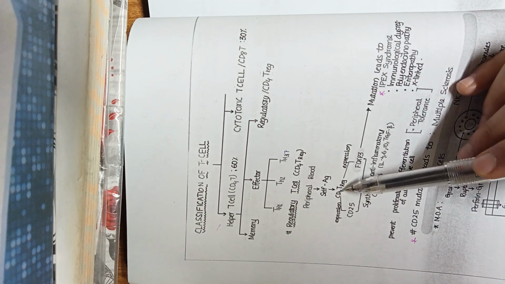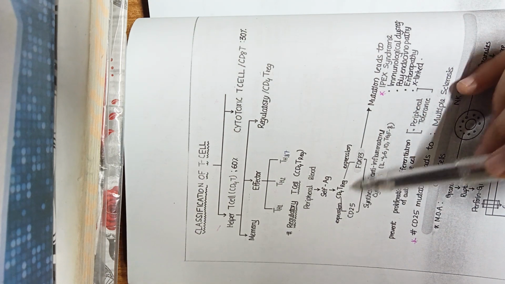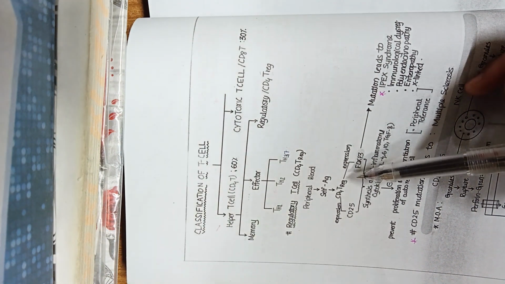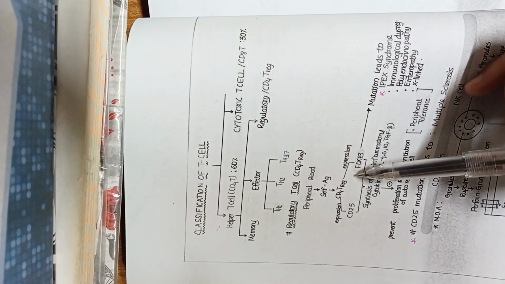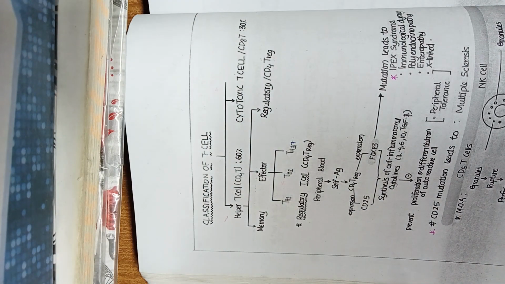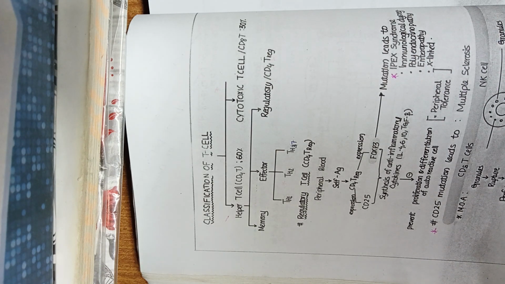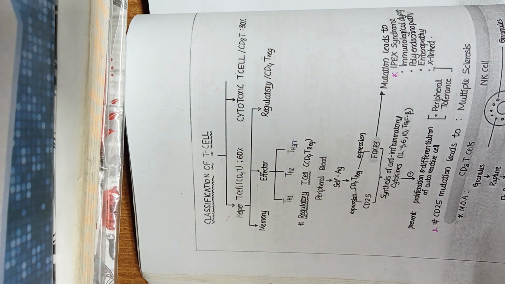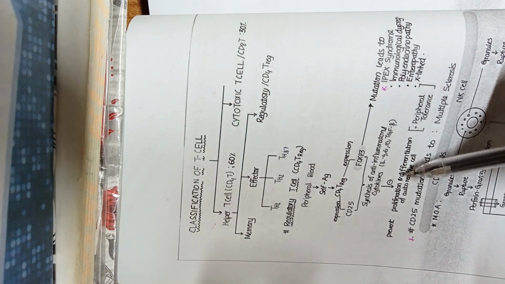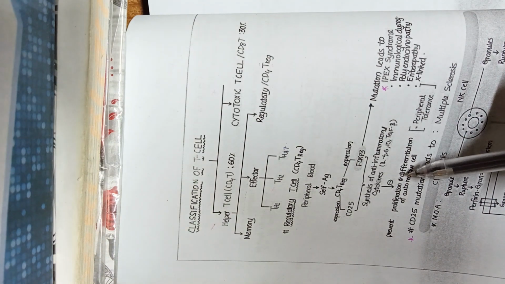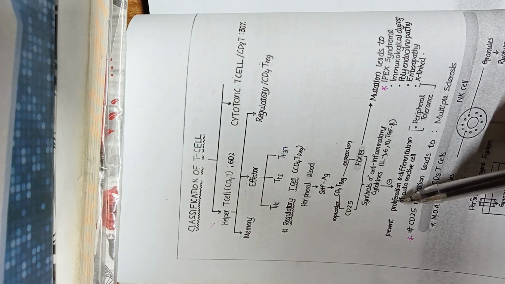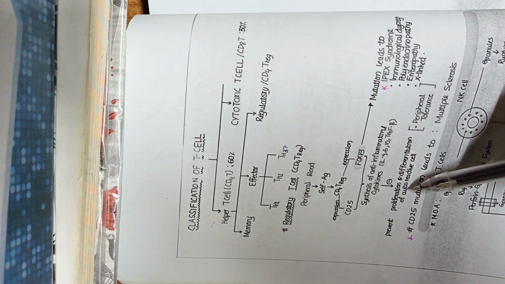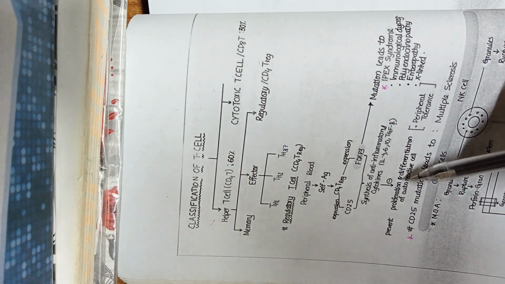Simply, when CD4 T regulatory cell expresses these two molecules, CD25 and FOXP3, there will be no interaction between the self antigen and the T cell. When there is no interaction, automatically there will be prevention of autoreactive cell proliferation and differentiation.